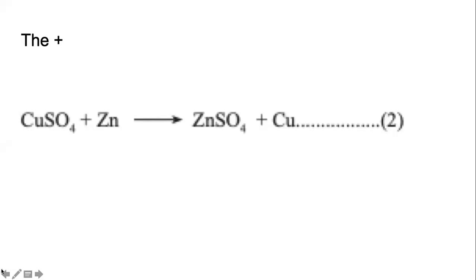When there is more than one reactant and more than one product, all of them need to be written, and they are separated by a plus sign. They are combining, they are reacting with each other. So this is reactant 1, this is reactant 2, so there is a plus sign. Similarly, product 1, product 2.